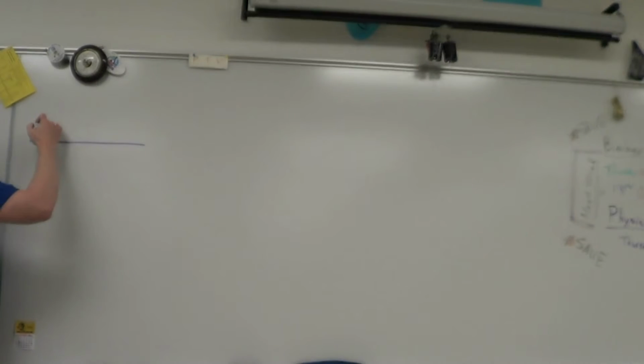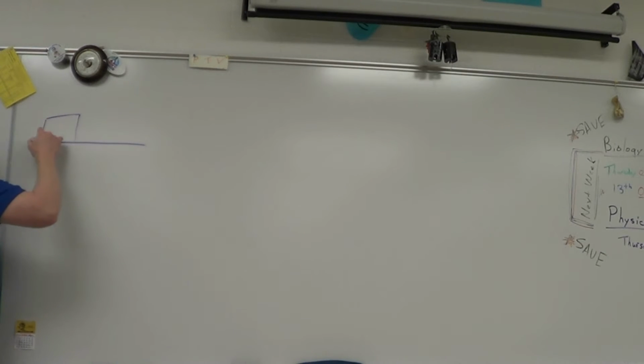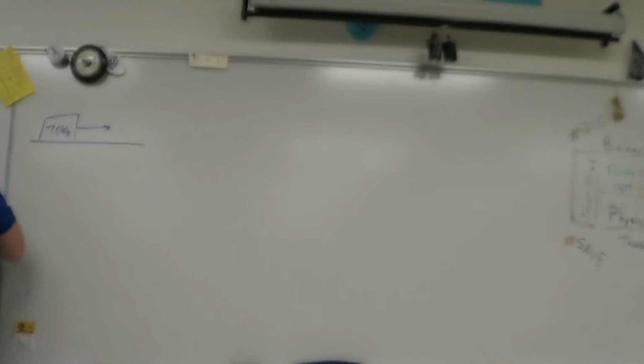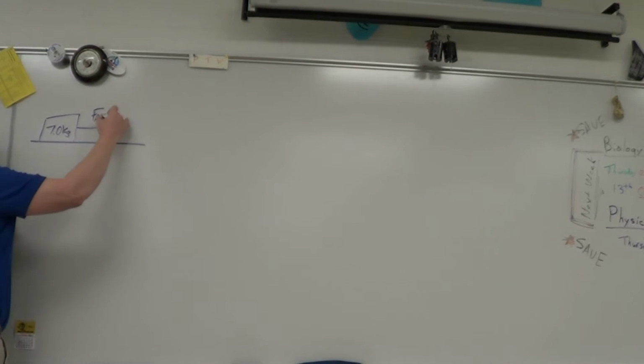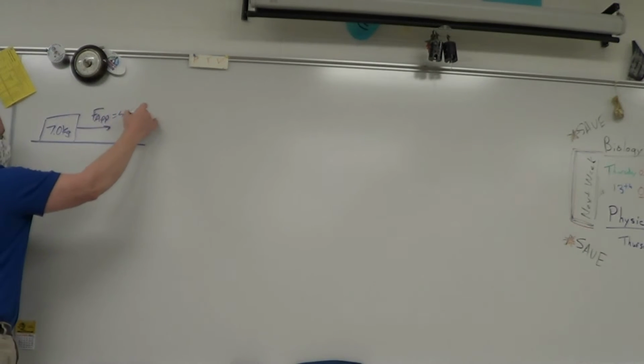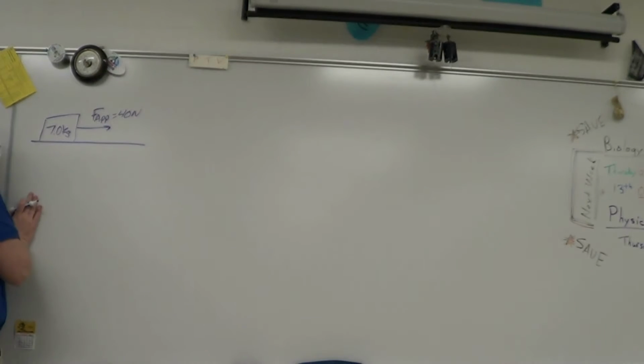So we have a 7 kilogram object that is being accelerated horizontally from rest by a 40 Newton force. The force is an applied force, and it's being applied horizontally.